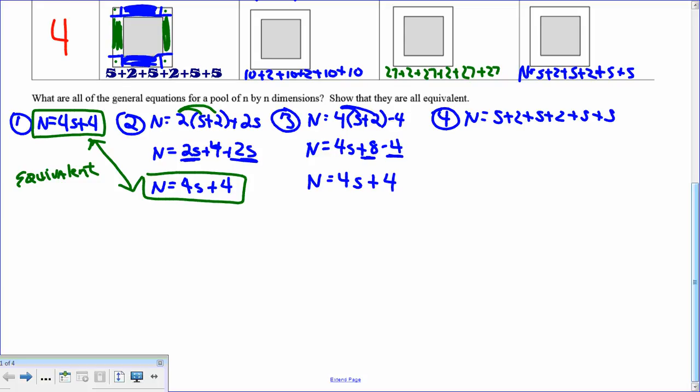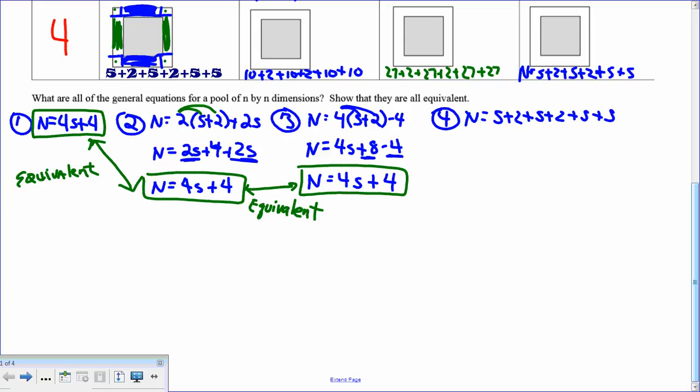So again, after I break this one down all the way, we notice that 4s plus 4 is the same as numbers 1 and 2. So again, these guys are equivalent. So 1, 2, and 3 are equivalent expressions. They're all the same thing, written in different ways.